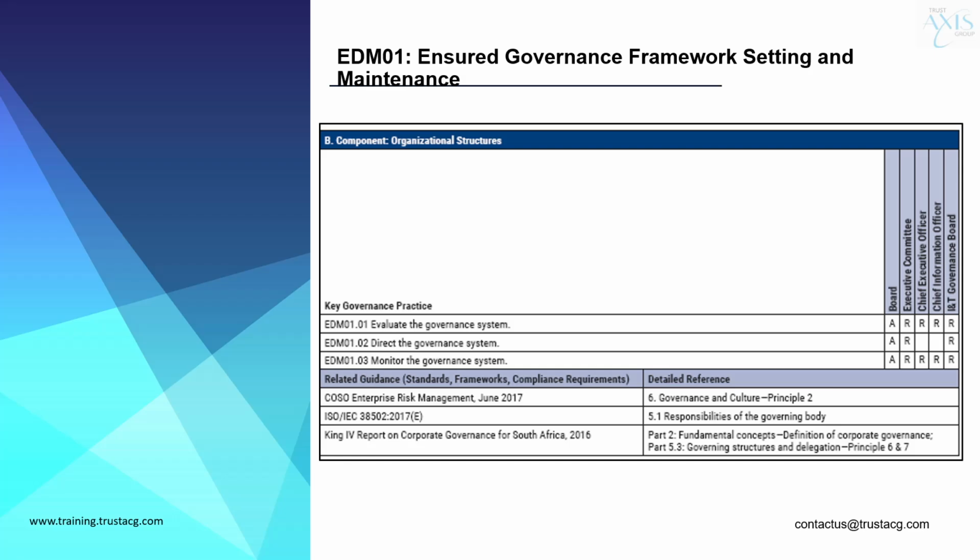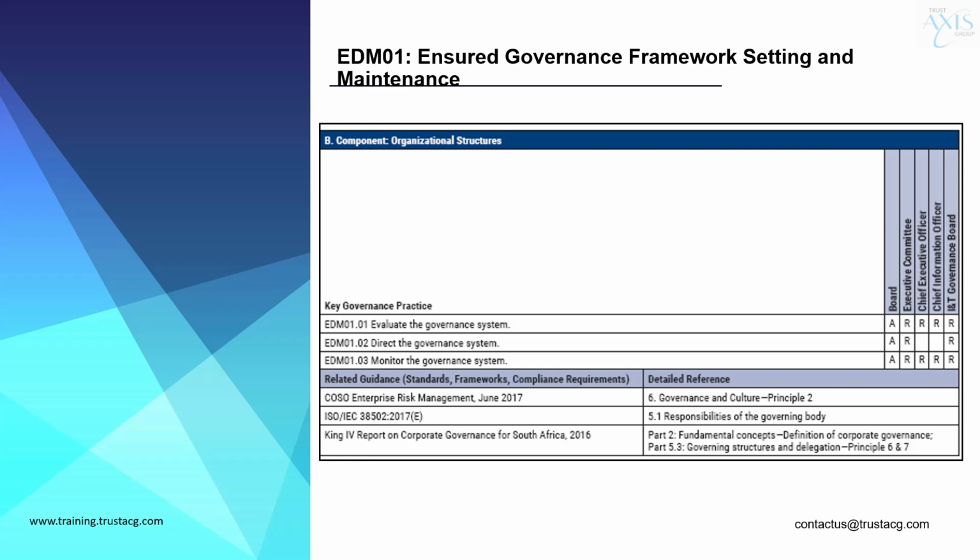There is a RACI matrix enclosed by COBIT under this governance objective, and RACI stands for responsible, accountable, consulted, and informed, to clearly assign ownership for key governance practices. We discussed in the previous slide three major practices.